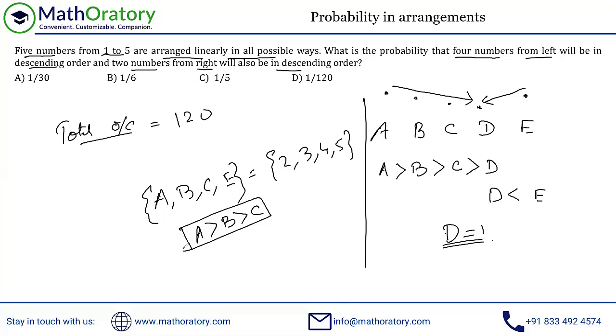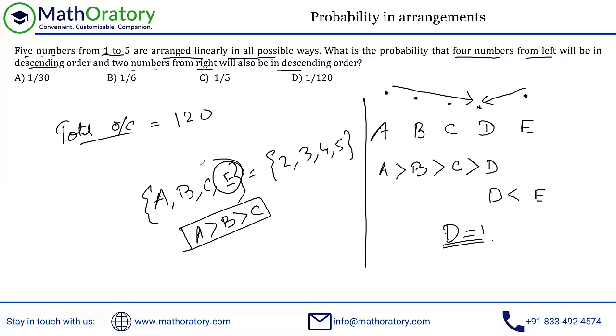What I mean by that is whichever three numbers you pick for ABC, for example, if you pick 2, 3, 4, it has to be 4 for A, 3 for B, and C is 2. It has to be in this order, right? But it is not mandatory that I have to pick 2, 3, 4 for ABC or 3, 4, 5 for ABC. So there I have a choice, or in other words, I have a choice for E, because no relative arrangement between E and ABC has been mentioned.